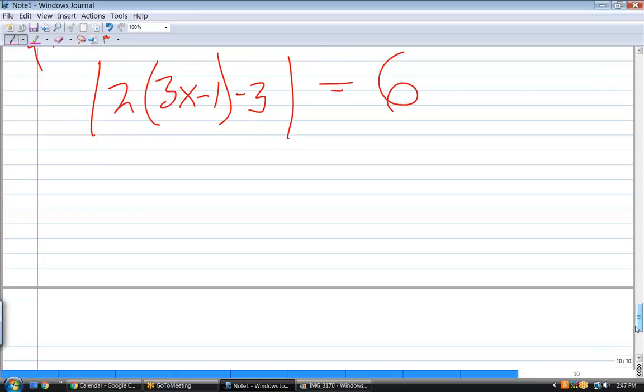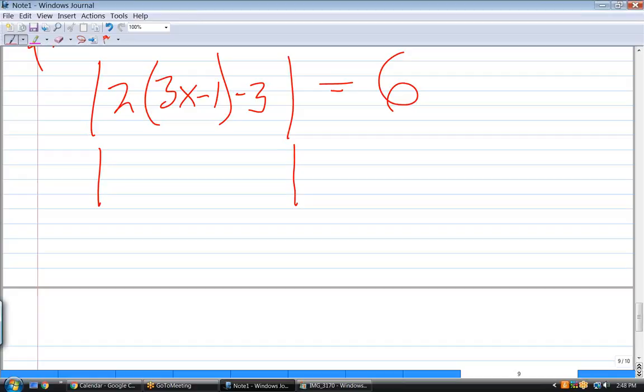Can I get rid of that inside parentheses? No. Actually, I can. In other words, I can do all operations that I want inside the absolute value signs. So I want to get rid of that parentheses and simplify that expression. So that's what I meant. So do that. Get rid of the parentheses and then simplify the expression. What do you end up with?